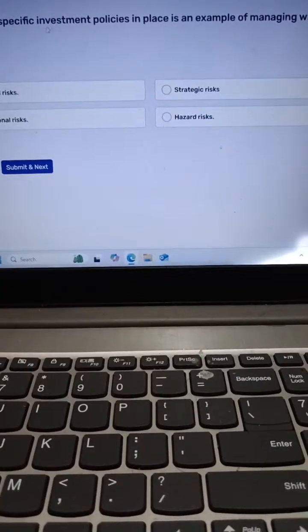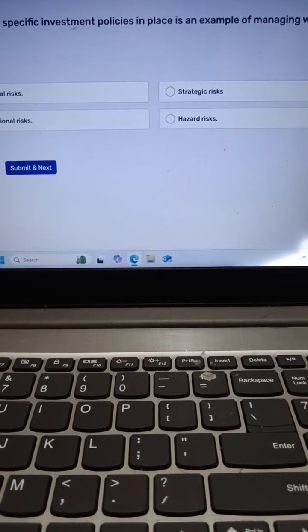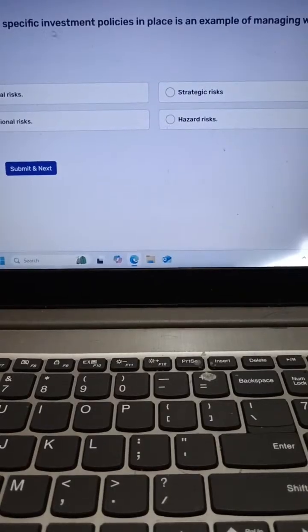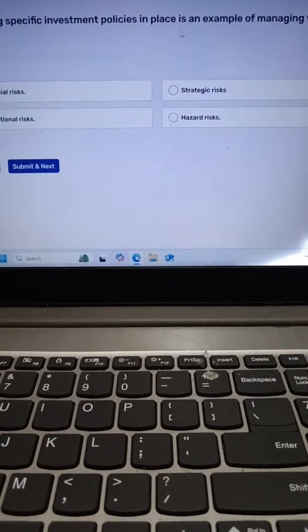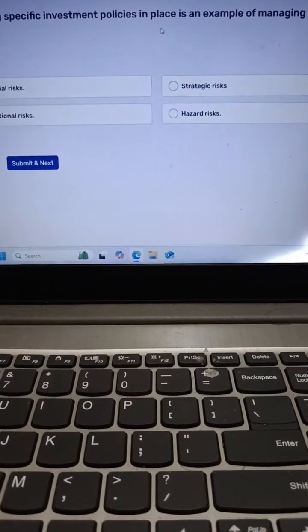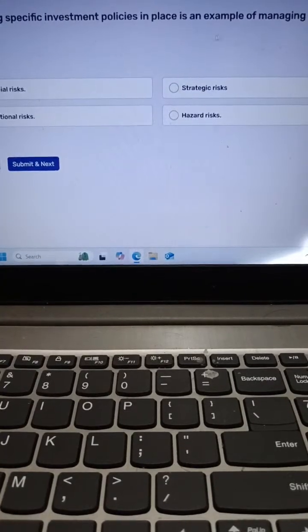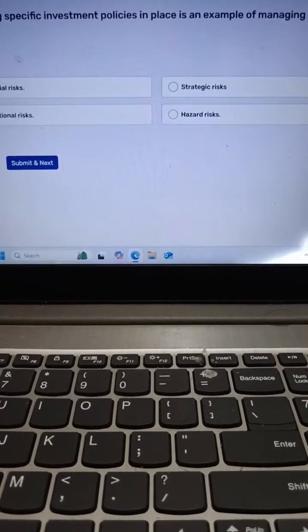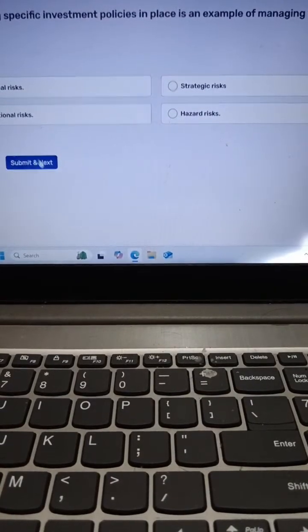Having a specific investment policy in place is an example of managing what kinds of risks? The question says the investment policy in place. Financial risks, strategic risks. Investment means related to financial. No other option. Simple.